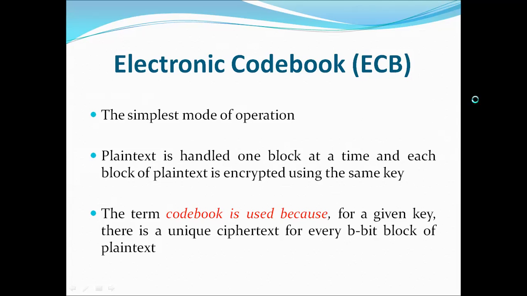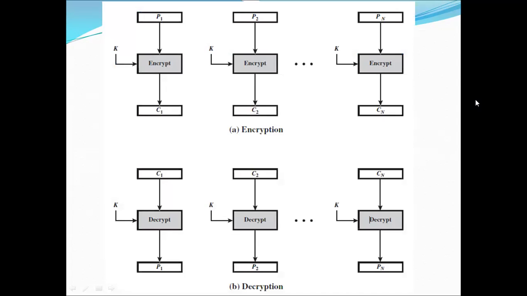This is a simple diagrammatic representation of the encryption process and the decryption process of ECB mode of operation. If you look at the encryption process, it starts from the left-hand side. P1 stands for plain text block 1, and K stands for the secret key. Both the secret key and the plain text block are given as input to the encryption algorithm, which will produce the unique ciphertext C1 as the output.